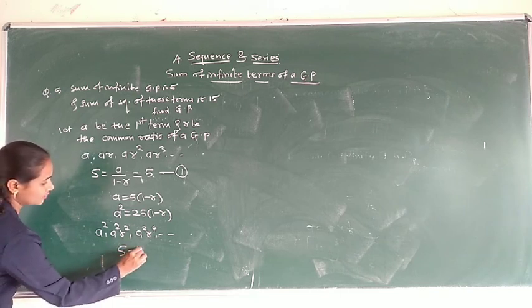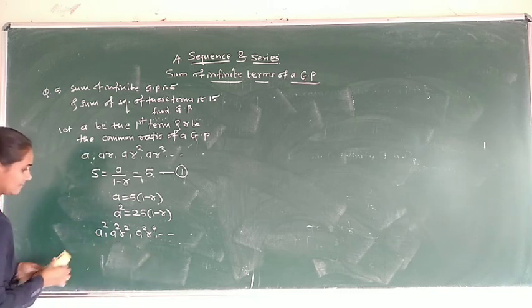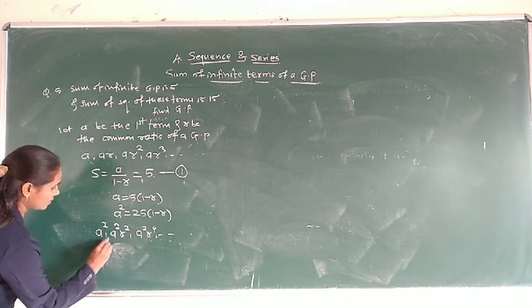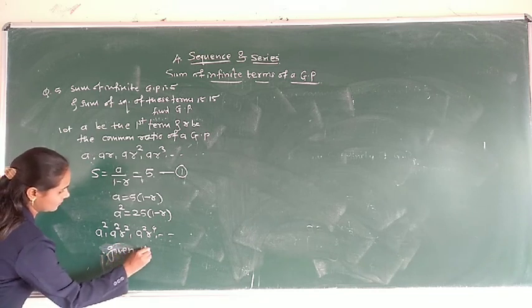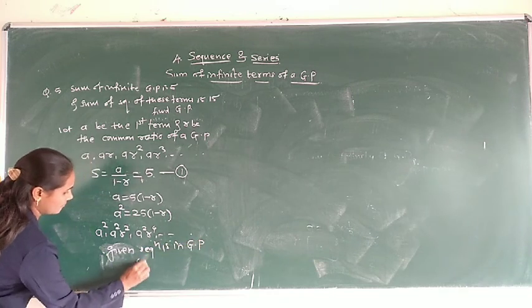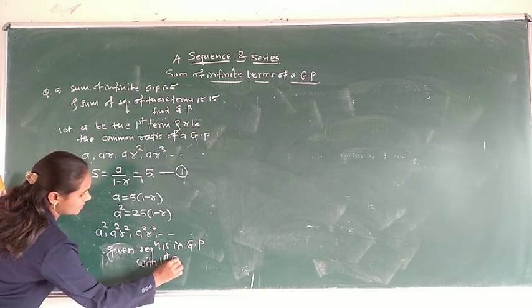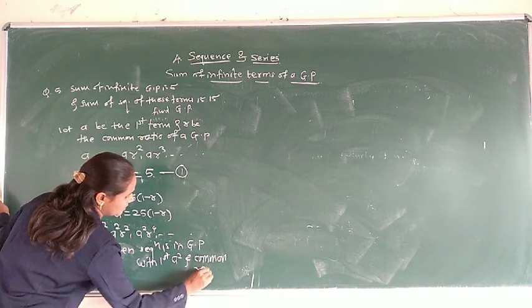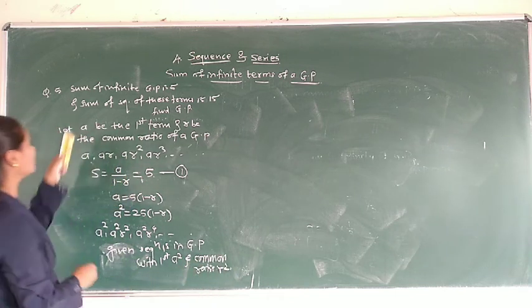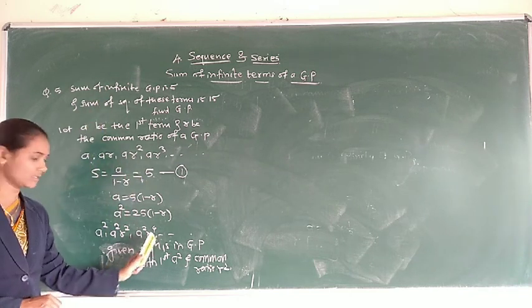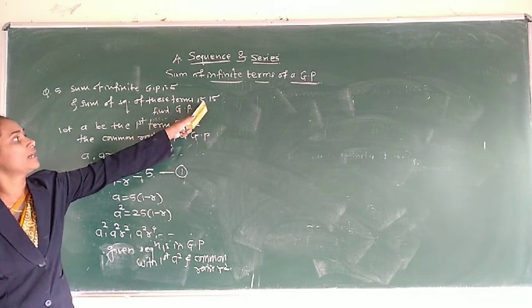The given sequence is in GP with first term A square and a common ratio is R square. We have given first the sum of infinite terms, and the second the sum of squares of terms, which is 15.